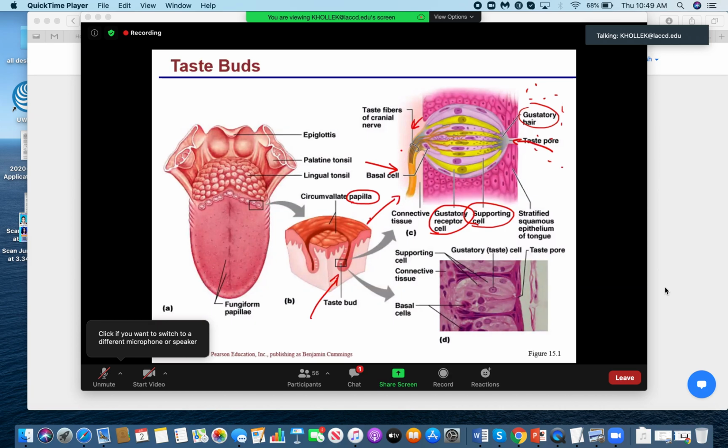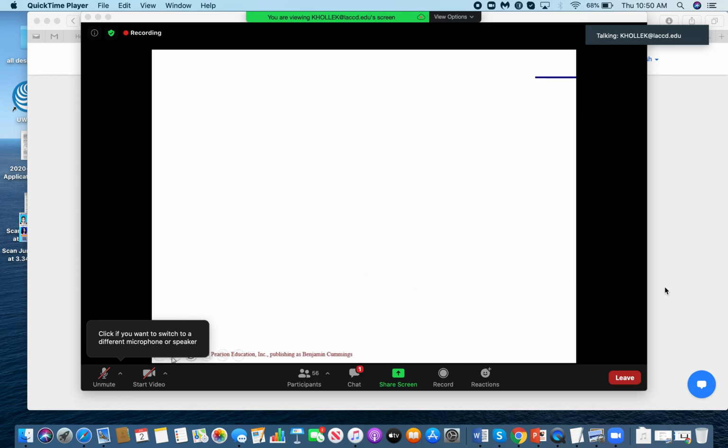Remember, we had receptors, which are this part right over here, then you have the sensory neuron, which is this part right over here. But there are a lot of them that collectively go in towards the brain, which happens to be the control center. So first of all, this part right over here is the aqueous environment. That would be your saliva. Okay, so that's what we're going to get at.